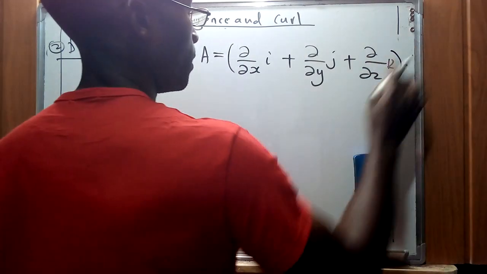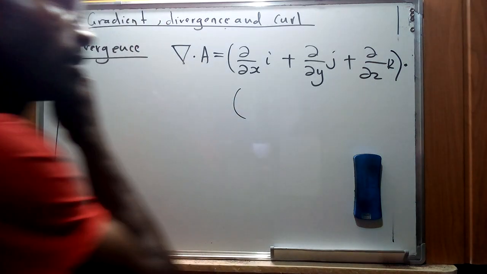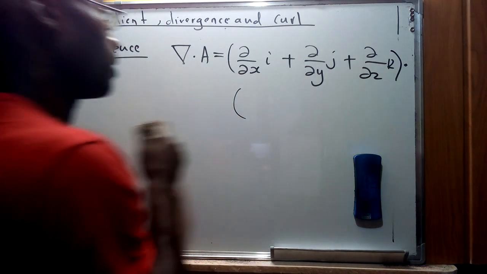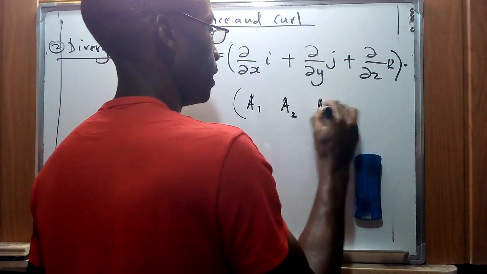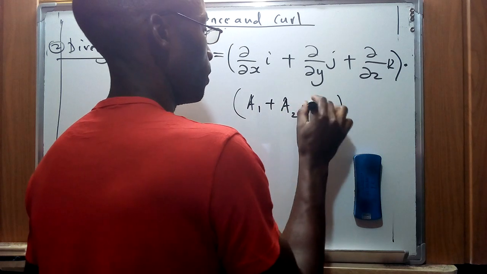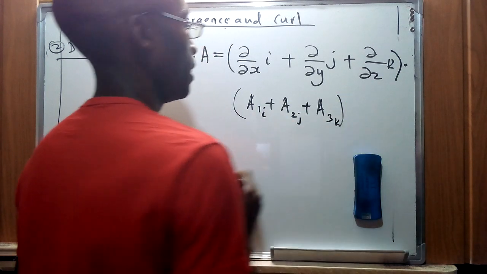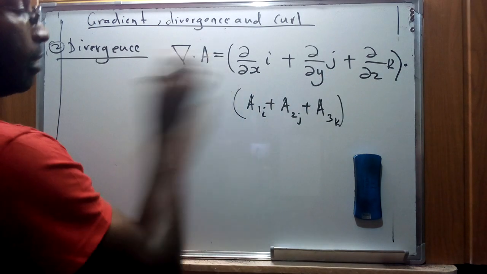This is a continuation for the product of A, which, as we said, is a vector that is represented by its three components for x, y, z: A1, A2, A3. So the vector can be represented with i, j, and k. So it's a dot product between this del and A, which is represented as such.